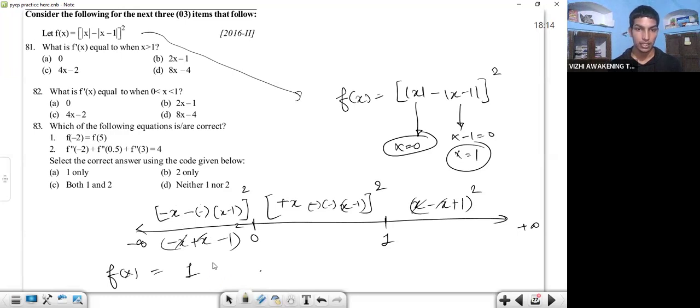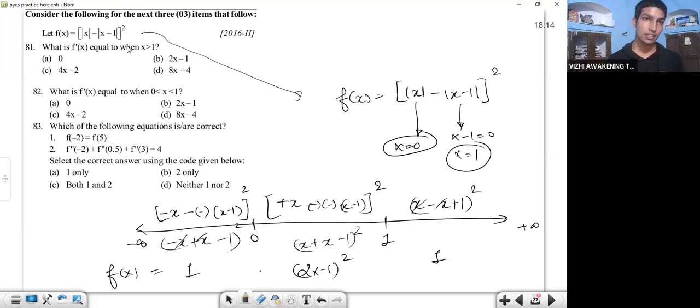The function's value is 1 in this interval of x. For this interval of x, the function's value is x plus x, and minus 1 whole square. So 2x minus 1 whole square. For this, it is simply 1.